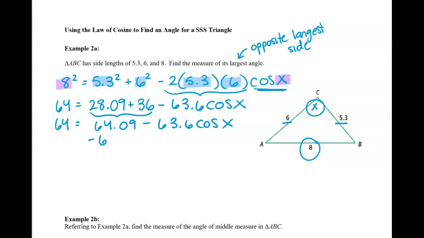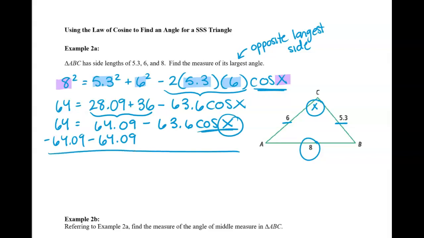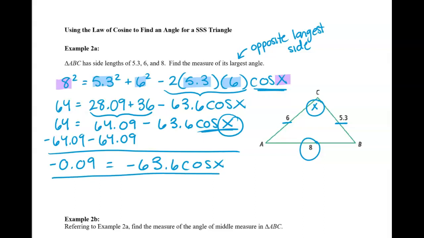If we subtract 64.09 from both sides, because again, our goal is to isolate the x, first isolating the cosine of x, we have negative 0.09 equals negative 63.6 cosine of x. Divide by negative 63.6. We end up with 0.0014 equals cosine of x.